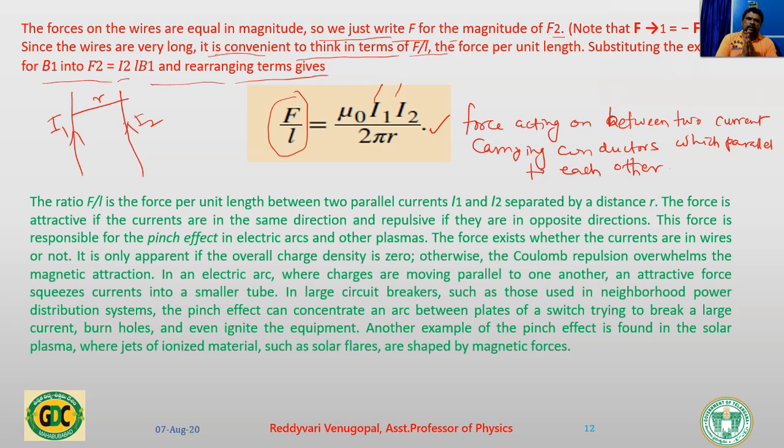I also explained that if the currents are flowing through the wires in the same direction, an attractive force will act between them, and if the currents are flowing in reverse directions, a repulsive force will act. In tomorrow's class I will explain the magnetic field induction due to a circular coil at a point on the axis, and the magnetic field induction due to a long solenoid on its axis.